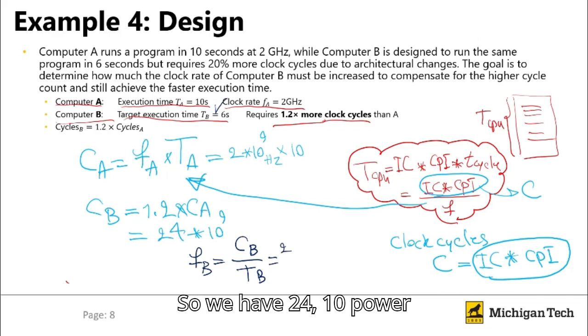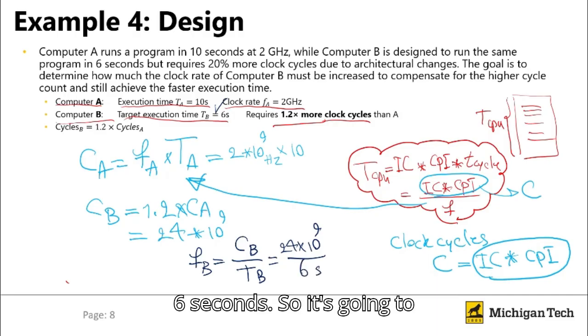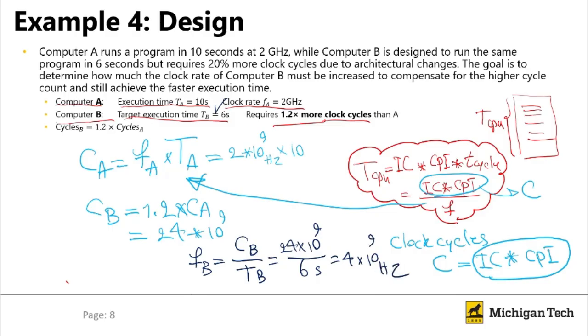So we have 24 times 10 to the power 9, and T of B is 6 seconds. So it's going to be 4 times 10 to the power 9 hertz. That's the final answer.